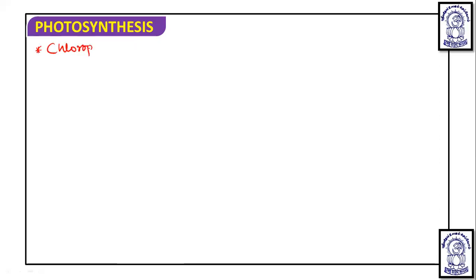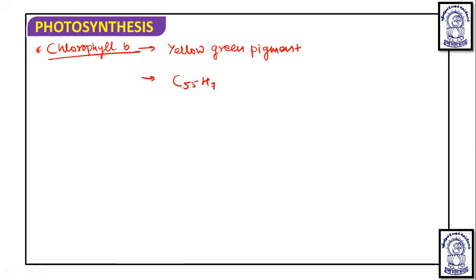So if we talk about chlorophyll B, chlorophyll B is a yellow green pigment and it has an empirical formula, that is C55 H70 O6 N4 Mg.